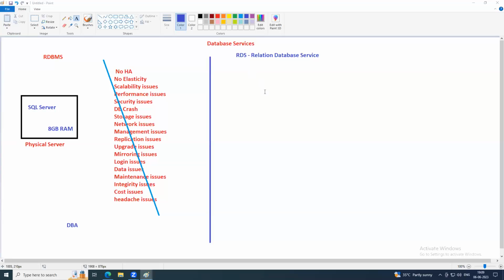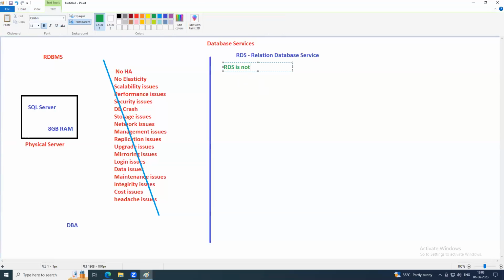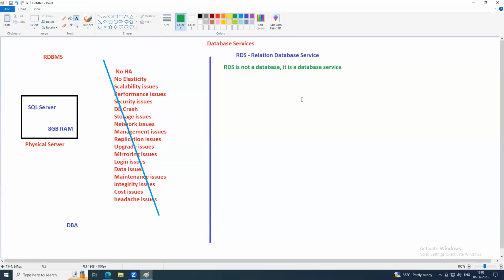So here, RDS is a database service. Remember, RDS is not a database. It's a database service. Many people will get confused here. RDS is not a database. It is a database service. How do we have an EC2 instance?